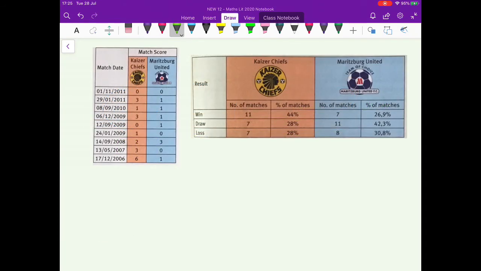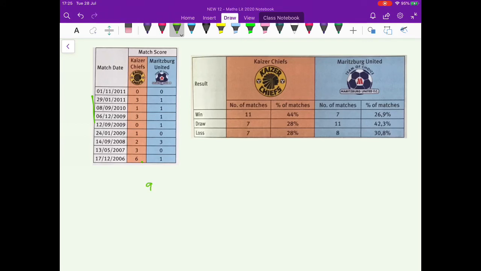We can also use historical information to determine betting odds or the likelihood of one team winning against the other. If we look at the first table, we can see that these two teams played each other. If I total the number of dates there are or results there are, you will see that they played each other 9 times.